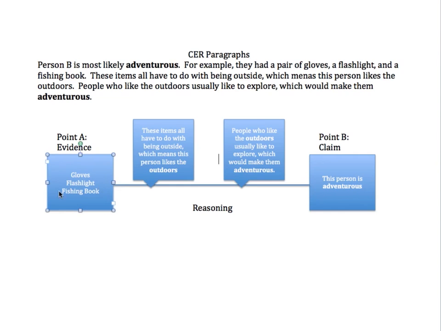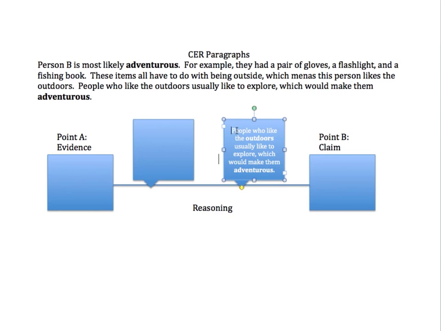But now I want to move into an example that might be a little bit more difficult for most people, and that is using a quote. Okay? A quote is a little bit more difficult for most people to connect to their claim. So let's try doing the same exact thing but with a quote. Okay, so right now we're reading The Landlady.